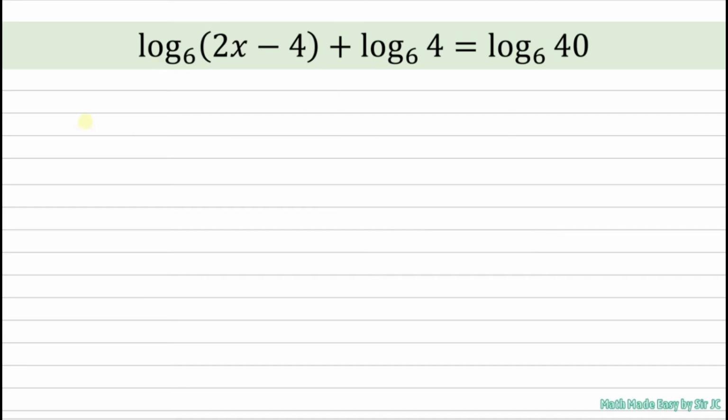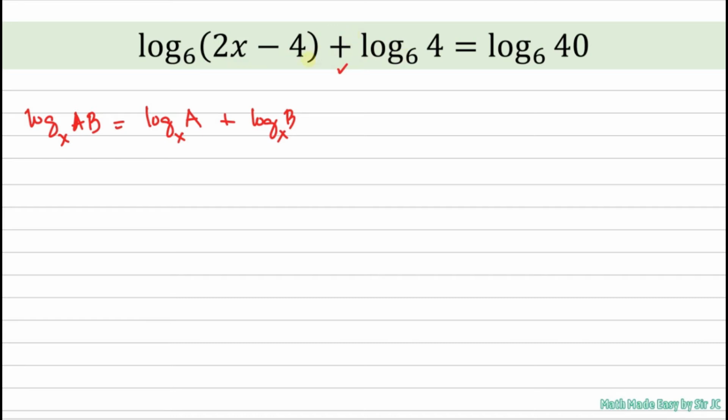So we know that one property of logarithm is logarithm of product, such that logarithm of a times b with the base of x is equal to logarithm of a, the base of x, plus logarithm of b, the base of x. This is the logarithm of product. So we can use this to simplify the left side of the equation because we have an addition operation.